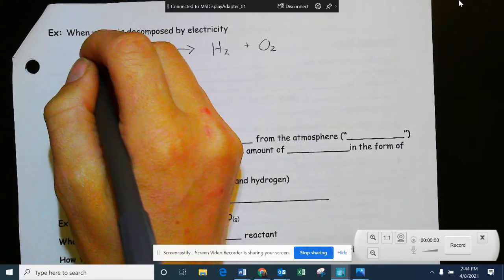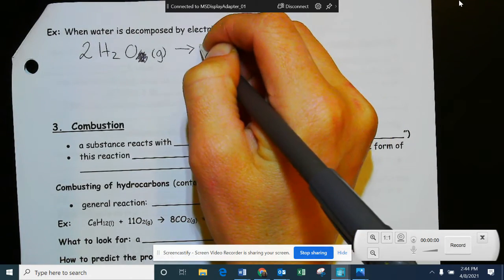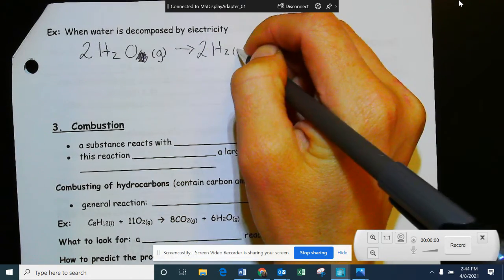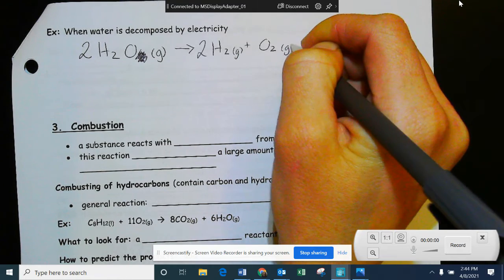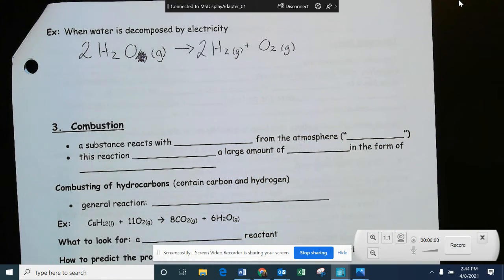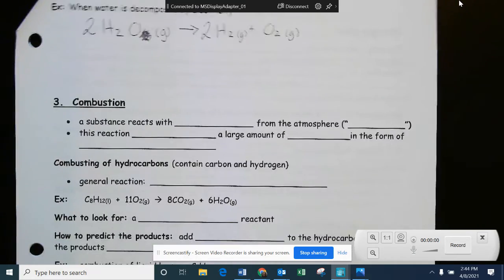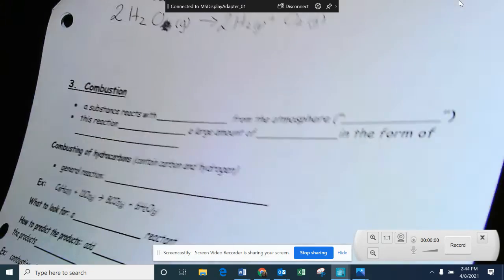We do need to balance this equation. So 2 goes there, 2 goes there. Those guys are both gases. And those are kind of the two most simple ones.